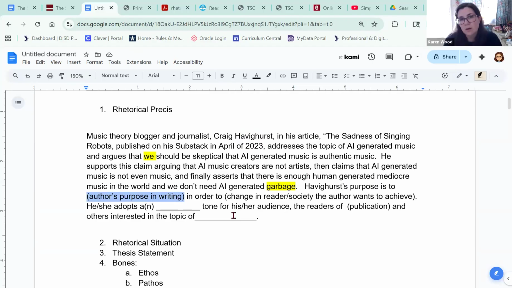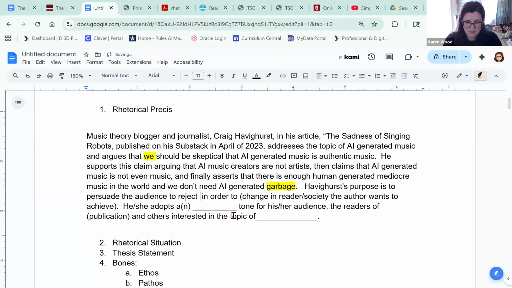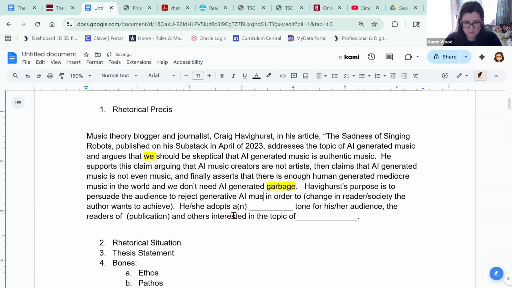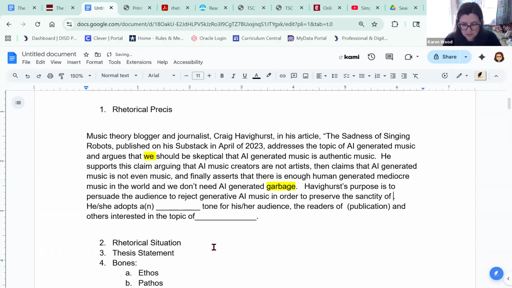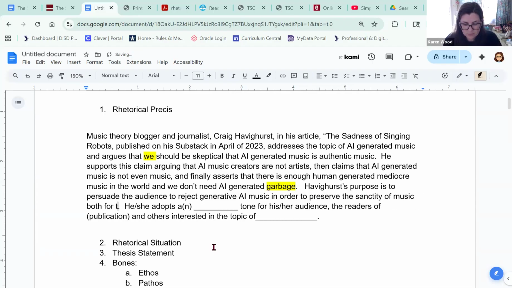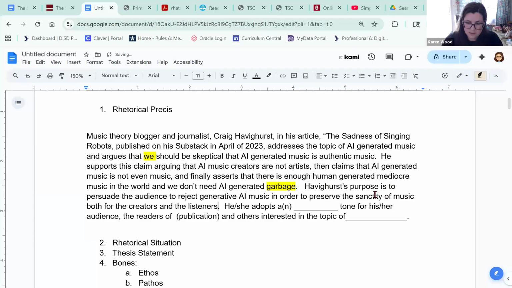So I know that he wants the audience to do something in order to, he wants the audience to reject generative AI music in order to preserve the, I'm going to use the word sanctity of music, both for the creators and the listeners. And again, I'm going to highlight that word because I might want to come back to that.